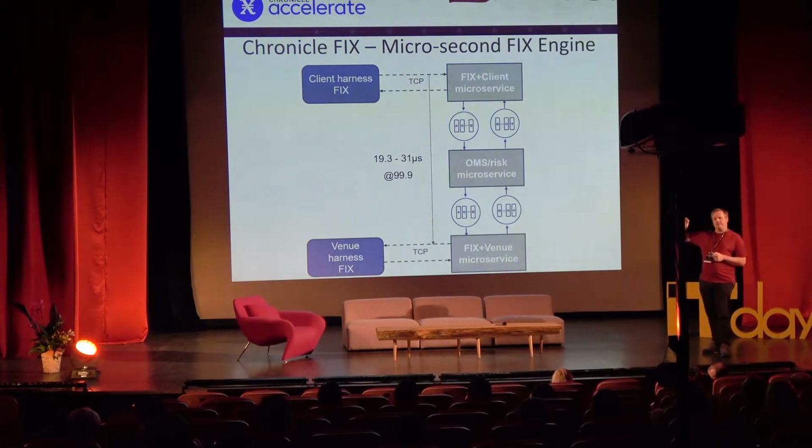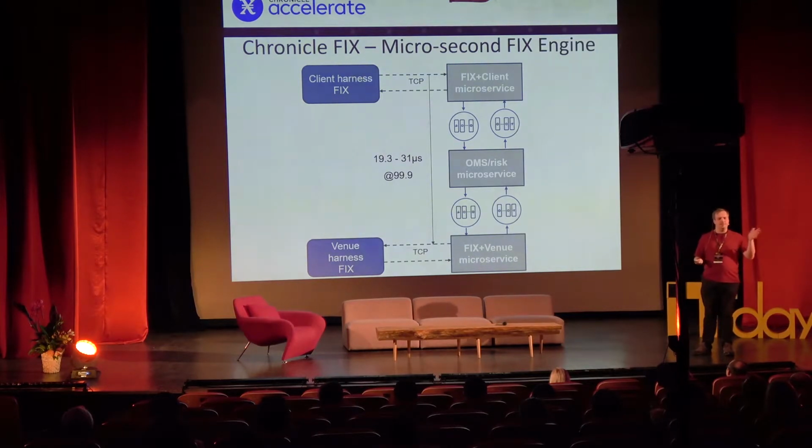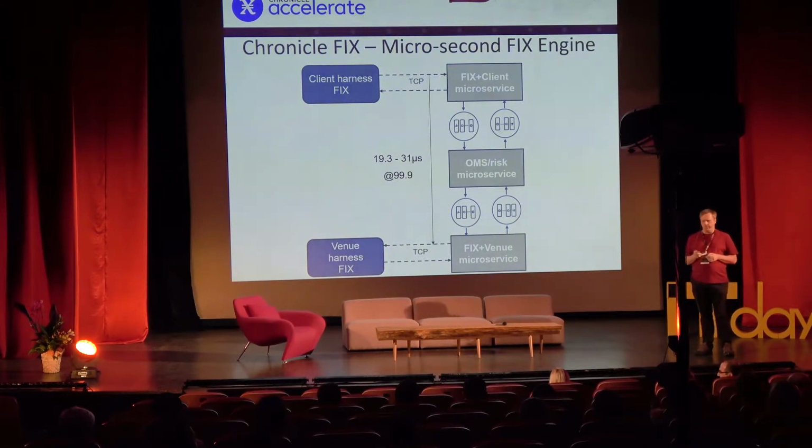So that's 19 millionths of a second to get from one end to the other through 3 microservices. And that's assisting 5 messages as it goes all the way through. So there's a lot of performance considerations in actually achieving that, and that's all in pure Java, by the way. So perhaps not an obvious choice, but it can be done in Java.